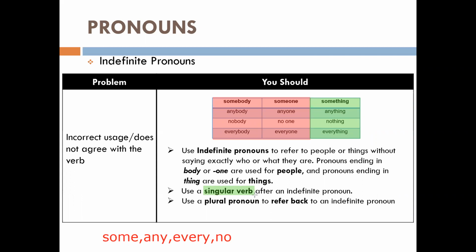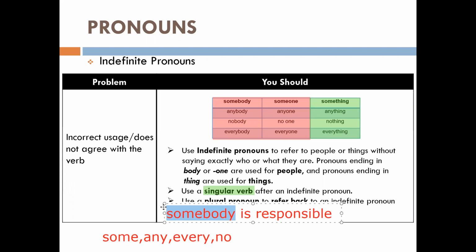Makinig. Singular verb. So pag sinabi po pala natin somebody, halimbawa lang, somebody is responsible. So anong verb ginamit natin? Is. And ano yung is? Singular. Bakit? Somebody, anybody, nobody, everybody, someone, anyone, no one, everyone, something, anything, nothing, everything. Lahat po ng words na nakikita nyo sa table above.